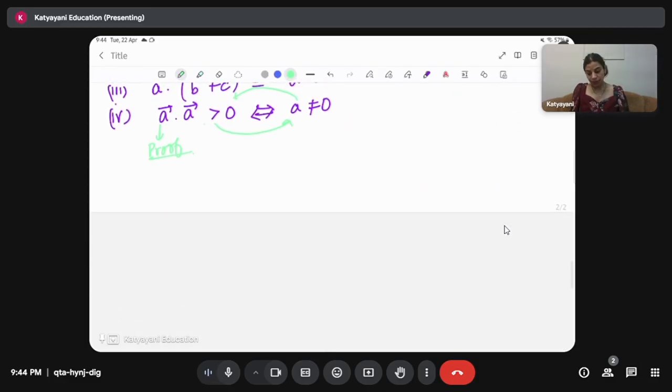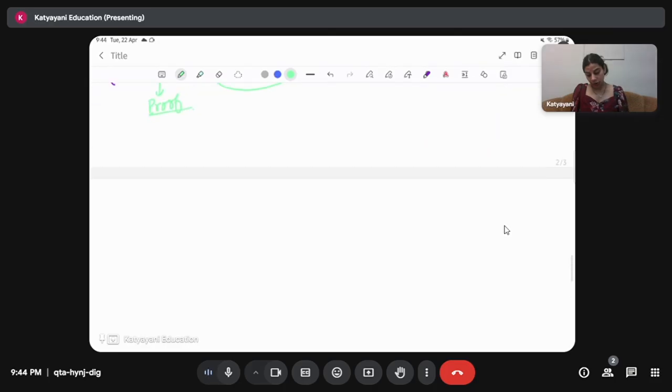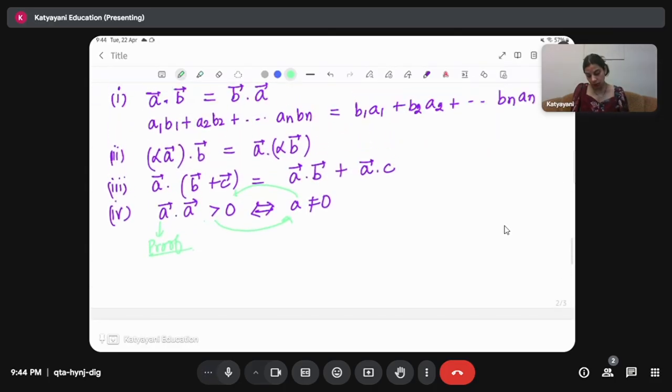So let's start with LHS first. Suppose it is given to you that A dot A is greater than 0. What does this mean? Now A dot A means, suppose A is an n-vector, then A dot A is the product of A with A. So let me write it first.